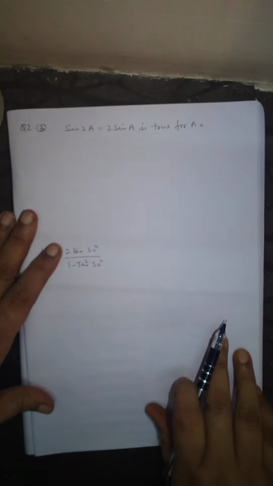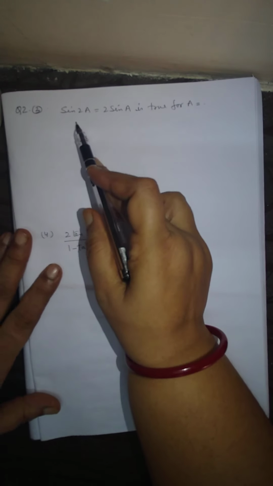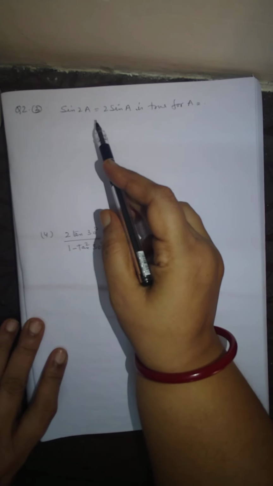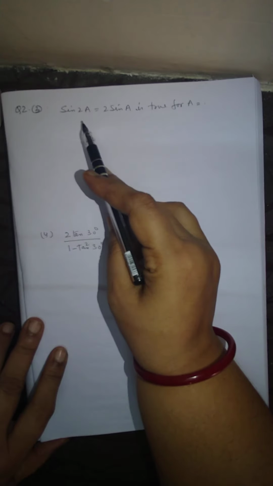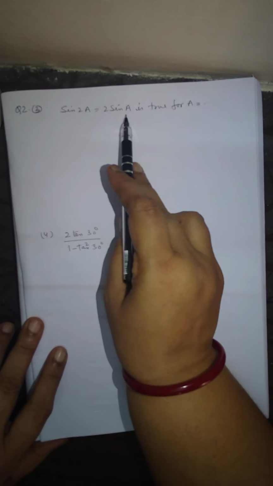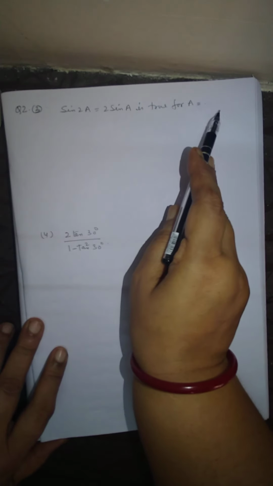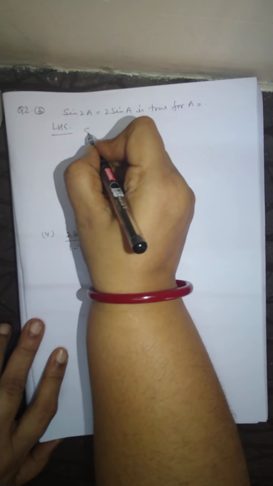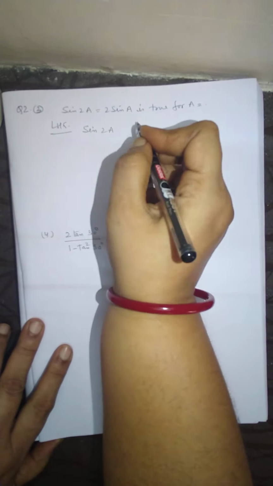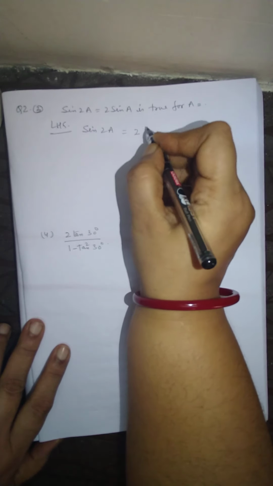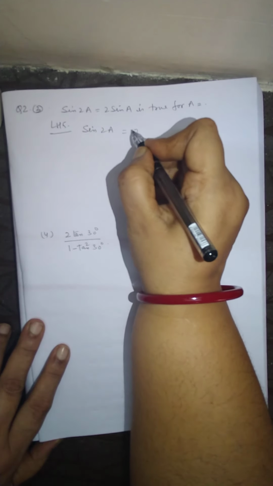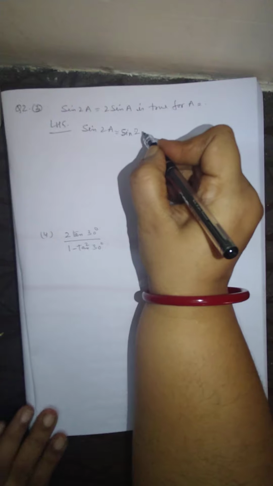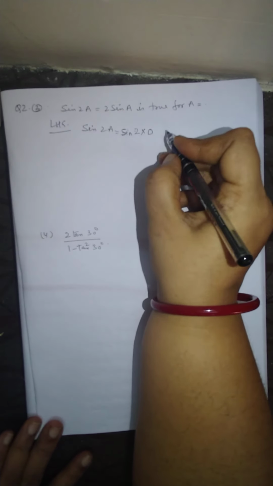Now, question number 2. This is MCQ. Some options are there. Sin 2A equals 2 sin A is true for A equals what? So left hand side, that is sin of 2A. Let us take A equal to 0.